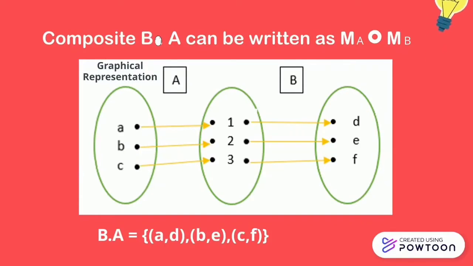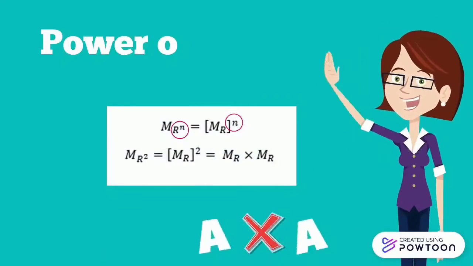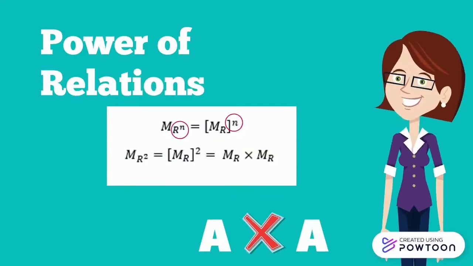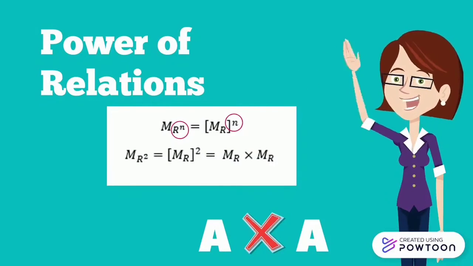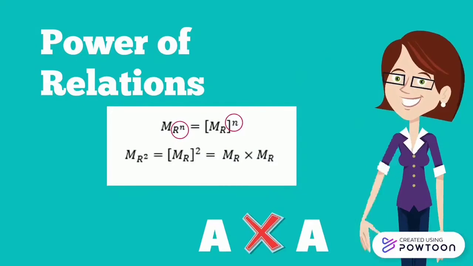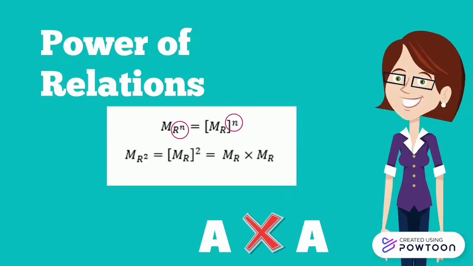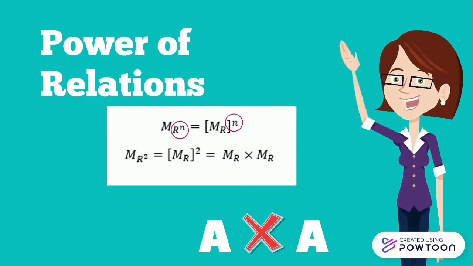Therefore, the composite BA maps a to d. For powers of a relation, the power of the relation can be the power of the matrix of the relation. For example, the matrix of R squared equals the square of MR, and it equals MR times MR.